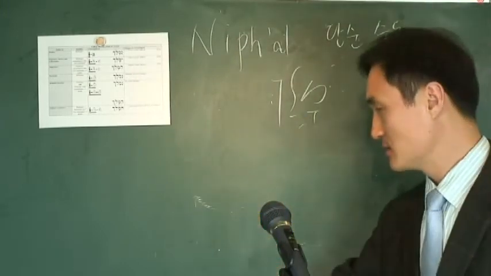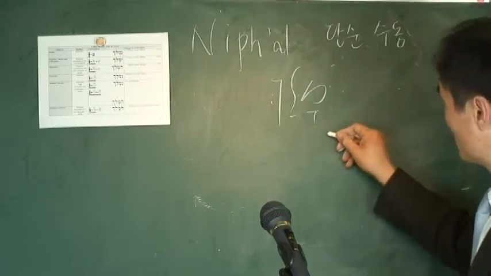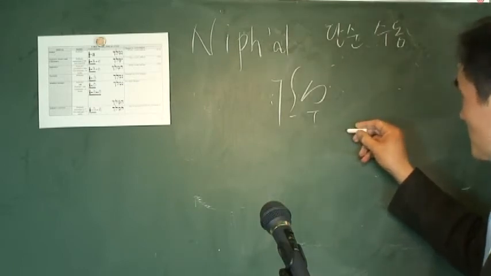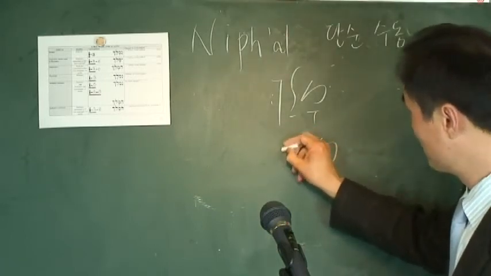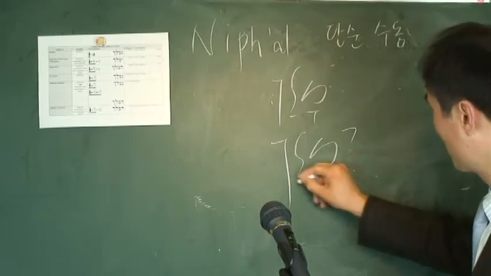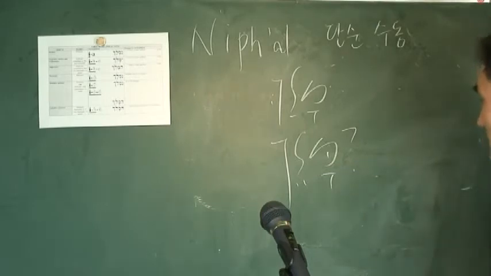Next, let's look at the imperfect form of the Niphal verb. We will use malak as an example. The third person masculine singular imperfect form of malak is yimalek.